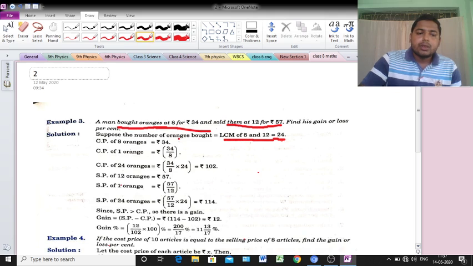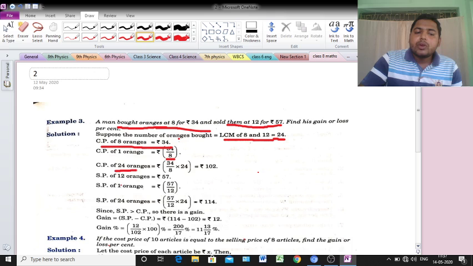Clear? Okay. Next, see. CP of 8 oranges equals rupees 34, already given in the question. So CP of 1 orange equals rupees 34 by 8. Understood? Next.